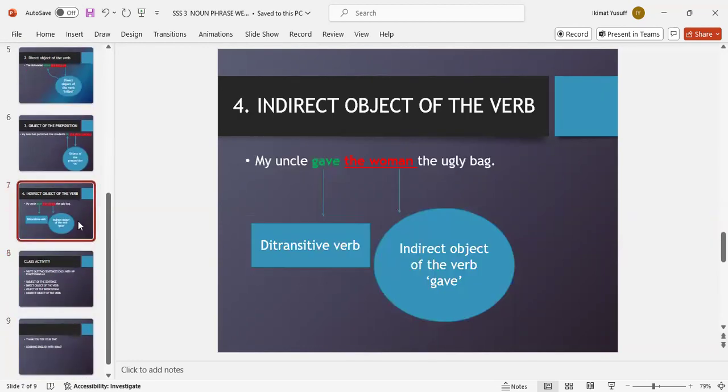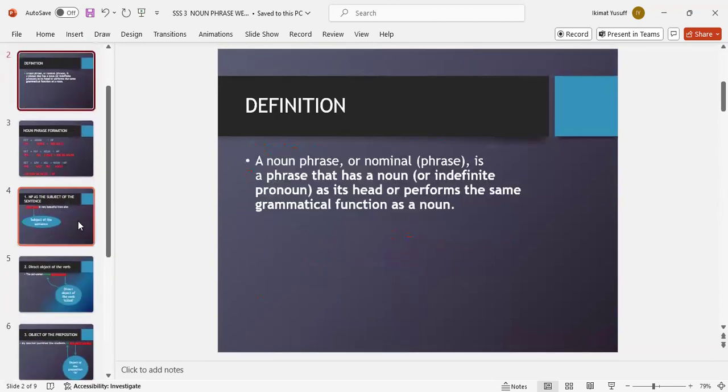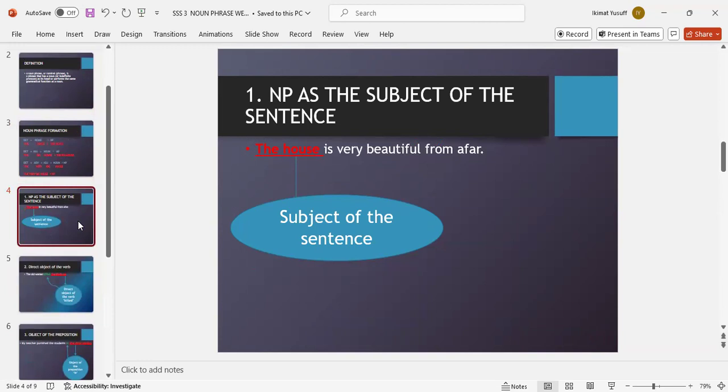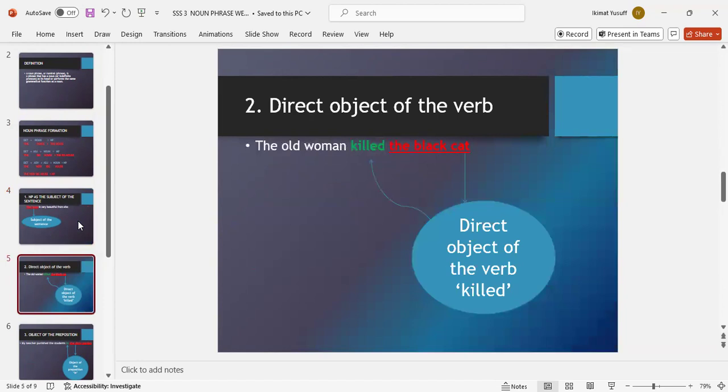So before we move to the classwork, I would like to reiterate what I talked about. We have talked about four functions of noun phrases. We have noun phrases functioning as the subject of the sentence. Obviously, you can see on your screen what makes it the subject. When they begin the sentence and when they are the focus for attention, it performs the function of the subject of the sentence.